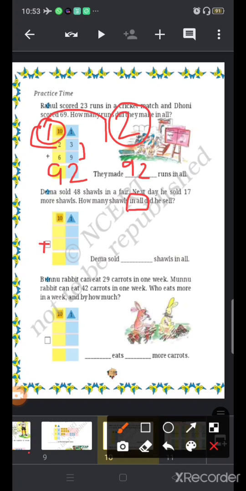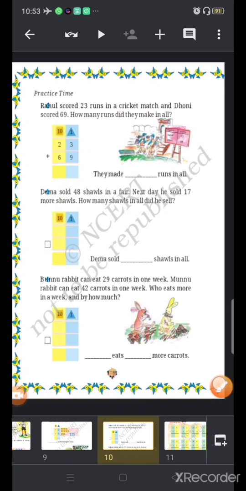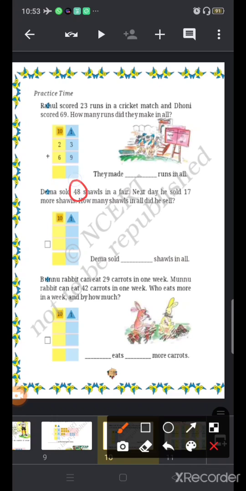Number is 48 and 17. So 48 means 4 will be written in the place of tens and 8 in the place of ones. And in 17, 1 will be written in the place of tens and 7 in the place of ones. Now we'll add.